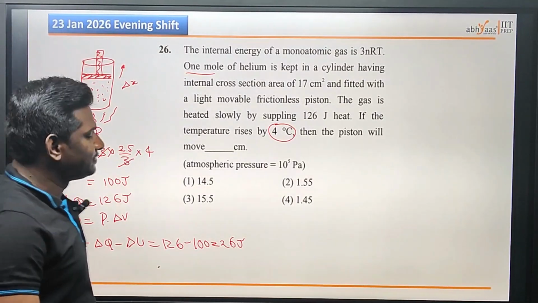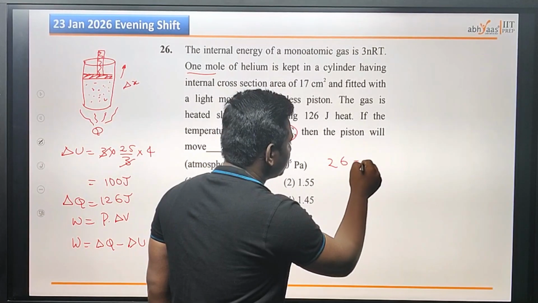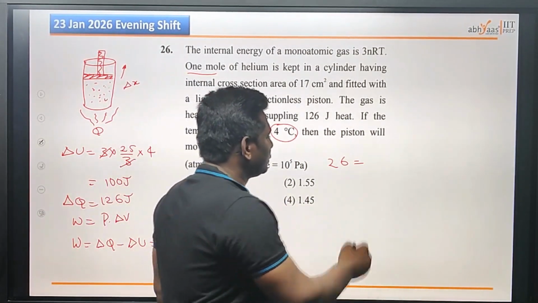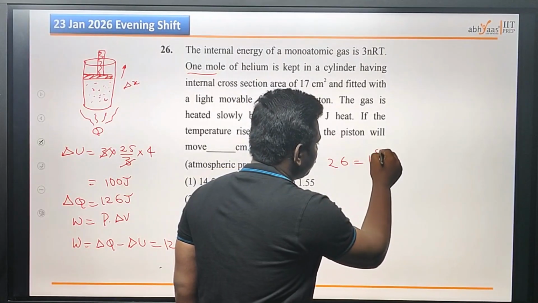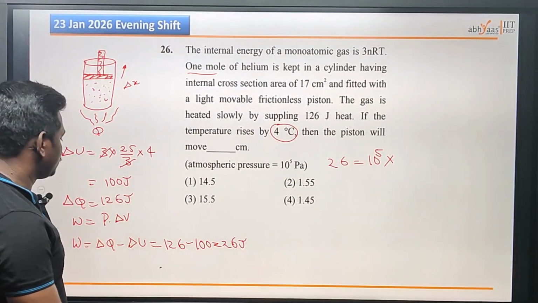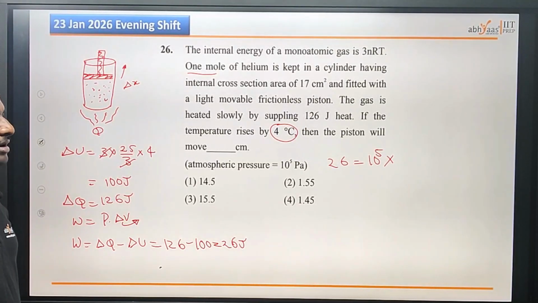So see, work done I have written already, 26 joules equal to pressure into delta V. Pressure, what is that? 10 to the power 5 Pascal into volume. What is this volume? Volume is nothing but area into length.